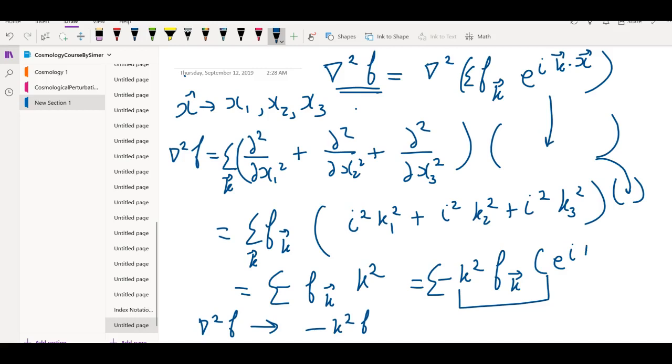But when you are expressing in the k space, the Fourier coefficient is this. So this in the x space will be replaced by this in the k space.